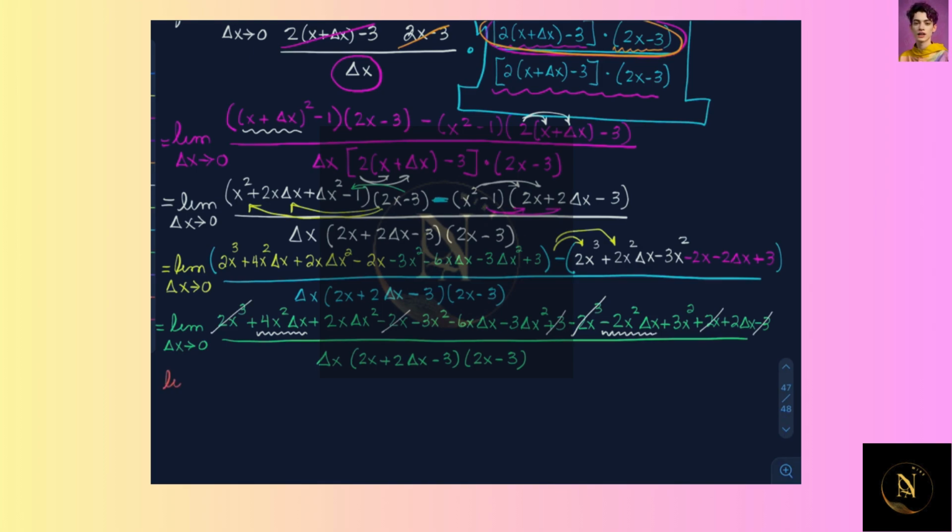So we will now have the limit as delta x approaches 0 of 2x squared delta x plus 2x delta x squared. I just noticed another set. This negative 3x squared will cancel with this positive 3x squared. So we still have a negative 6x delta x and negative 3 delta x squared. And we have a positive 2 delta x remaining in the numerator. And in the denominator, we still have our 3 factors.